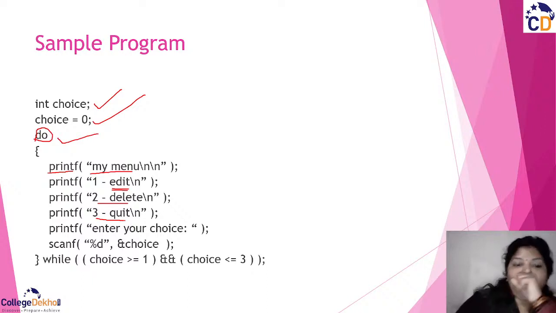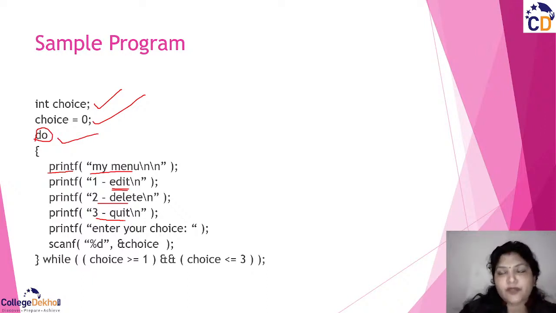So depending on the input of the user, it would be an integer value. First you enter the choice, and because it is an integer value, in C you use the scanf statement.